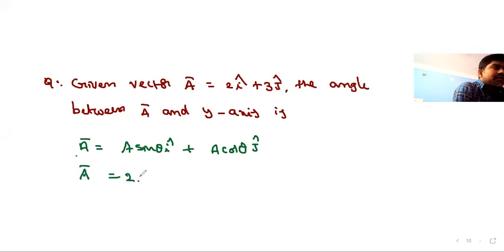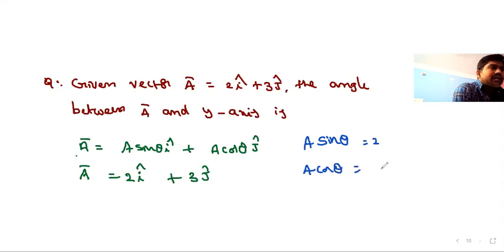A bar equal to 2 i cap plus 3 j cap. By comparing these two equations, in place of a sin theta there is 2, and in place of a cos theta there is 3. Any of these two equations you can use.